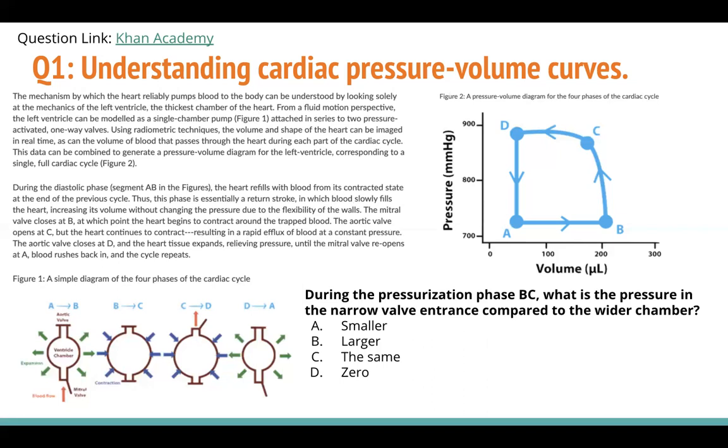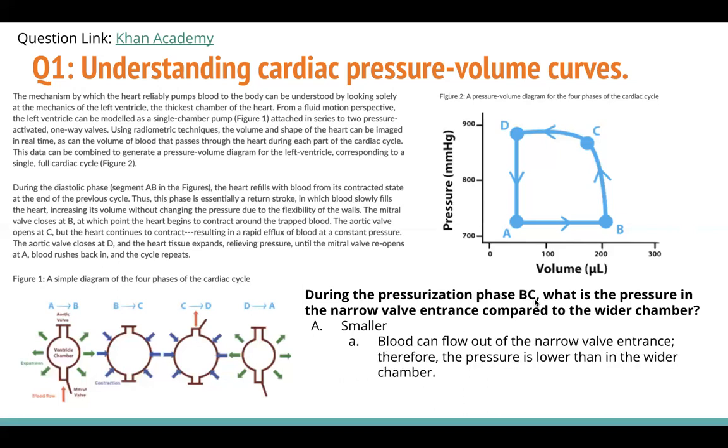However, there is a difference in pressure between the widest part of the ventricle versus the narrow valve entrance. And so they're asking what is the pressure difference between these two places? The answer is that the pressure is actually smaller at the valve entrance, because blood can flow out of the valve entrance, and therefore the pressure is lower than in the wider chamber.